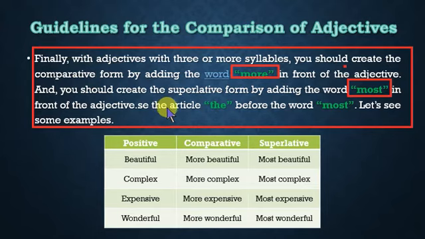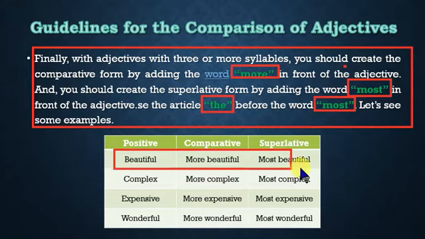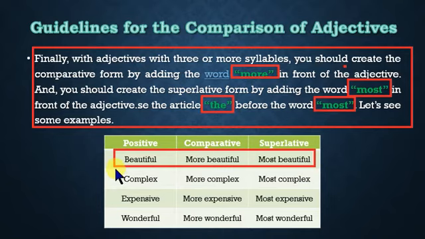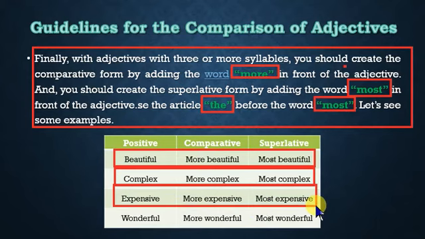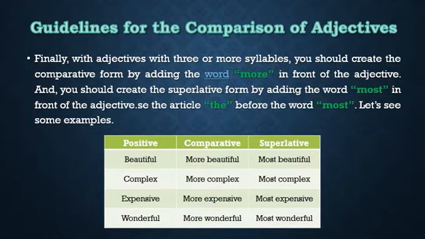See the article the before the word most. Let's see some examples. Beautiful, more beautiful, most beautiful. Complex, more complex, most complex. Expensive, more expensive, most expensive. Wonderful, more wonderful, most wonderful. So we will move to the next slide.